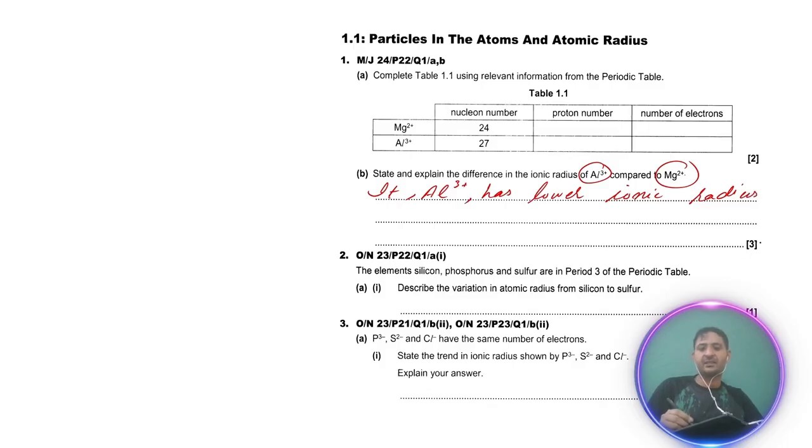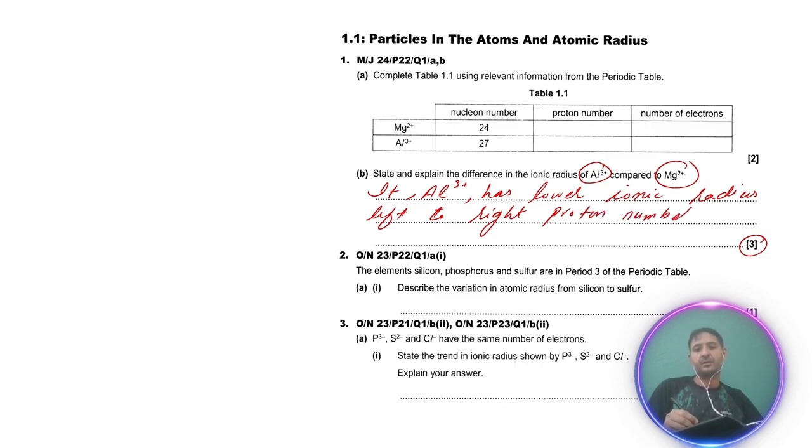Why? Now he is asking for 3 marks. You have to explain. 1 mark for this, lower ionic radius. Then what is the reason? Left to right proton number increases. Okay, left to right charge increases, proton number increases. And what is the effect of this proton number?